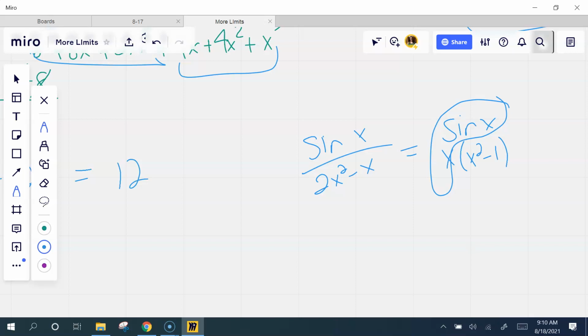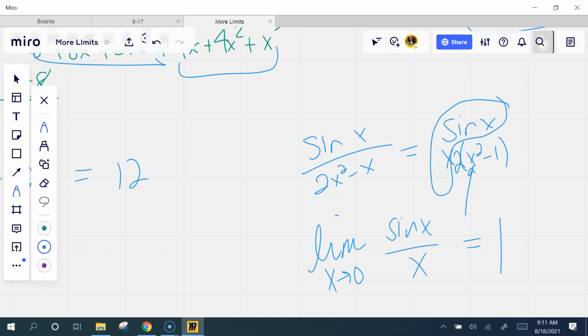And then you're going to 0, so you can plug in a 0 there. 0 minus 1 is negative 1. Remember I told you to highlight it in your notes? The limit as x goes to 0 of sine x over x always equals 1. If you ever see that, you can take that out, do it.